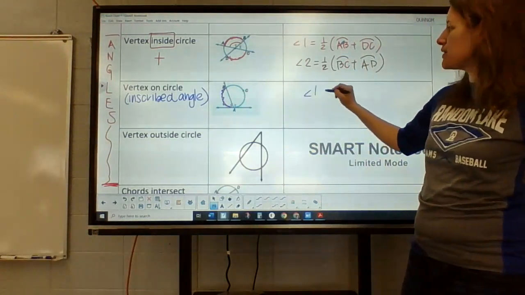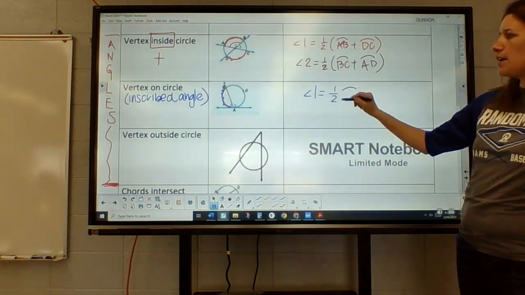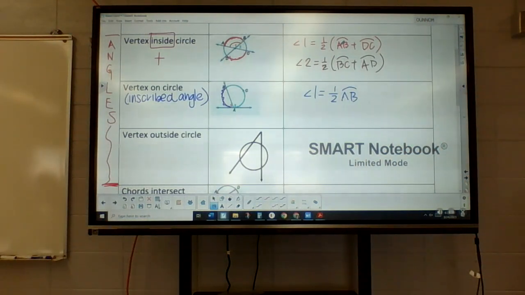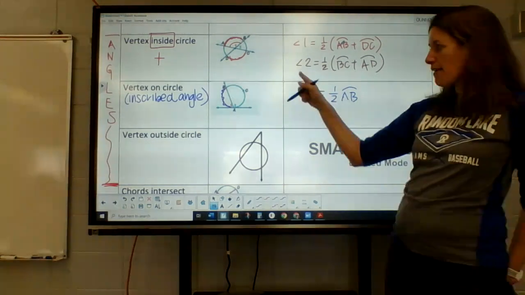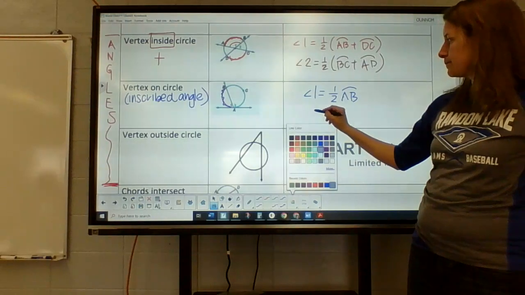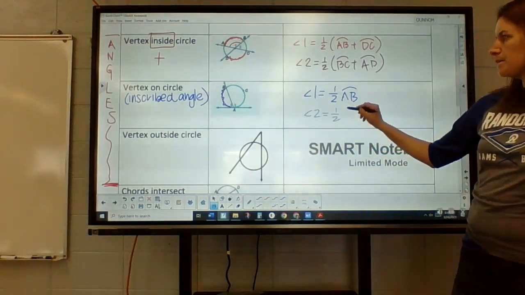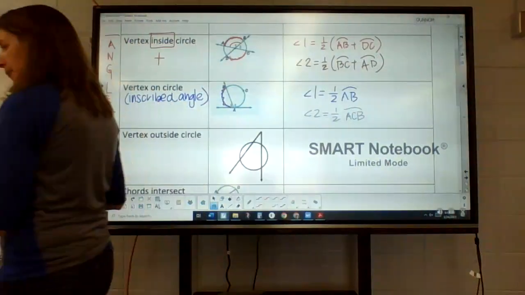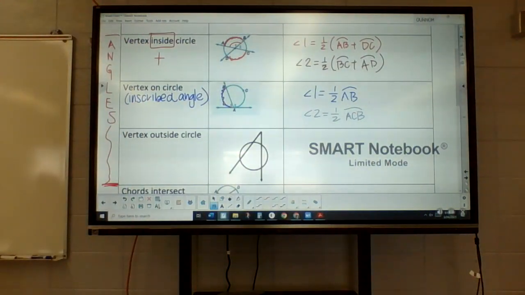So angle 1 is just going to be half of arc AB. Or we could say angle 2 is half of the arc ACB. It goes either way with that.